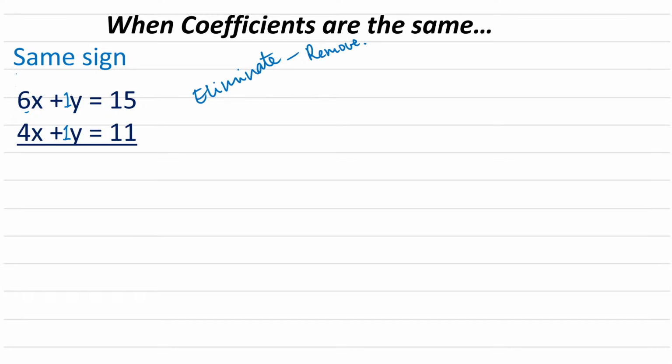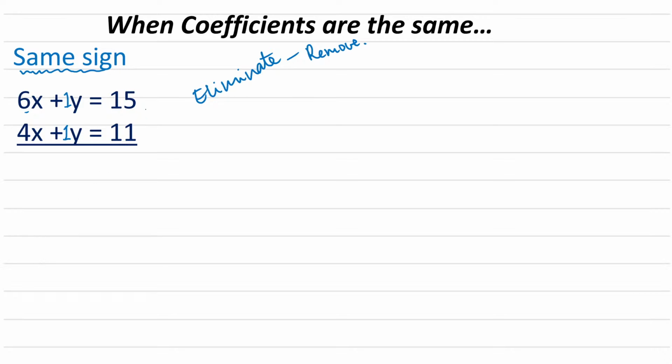So the other thing you need to note is that they have the same sign. What does that mean? They have the same coefficient and they are both positive, +1 and +1. So if they have the same sign and we want to remove them, what do we do? If I do +1 and +1, there is no way I'm going to remove it.